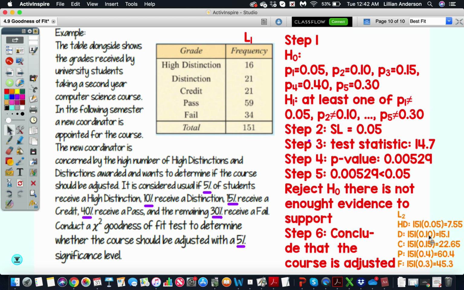We could say that the alternative hypothesis is something that we can go with. But this basically gives the new coordinator the evidence that he needs to make sure that yes, these courses are going to need to be adjusted because they're giving out too many high grades, when it should be more of a balance.